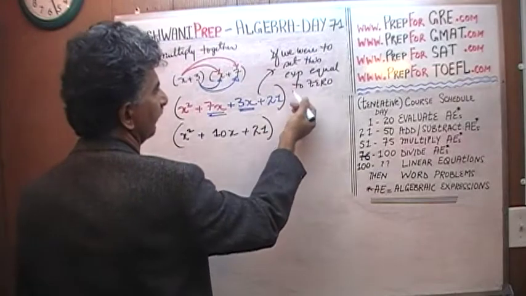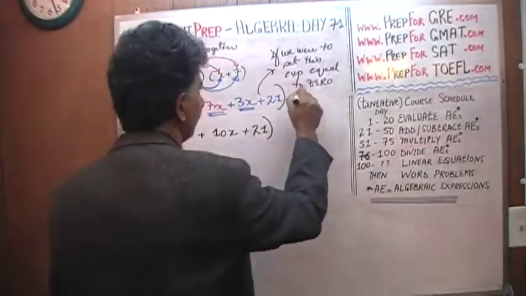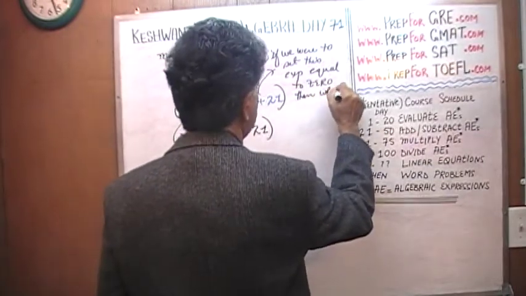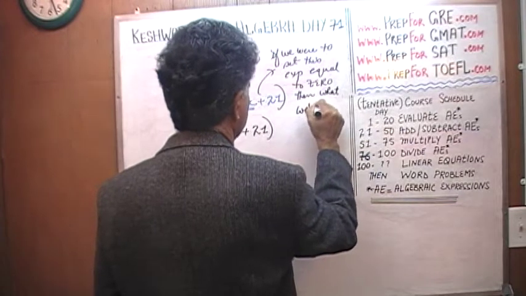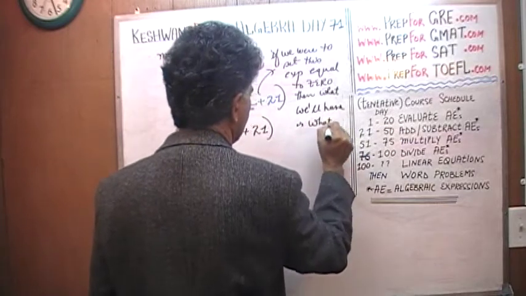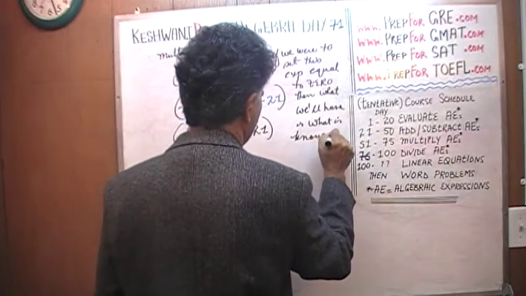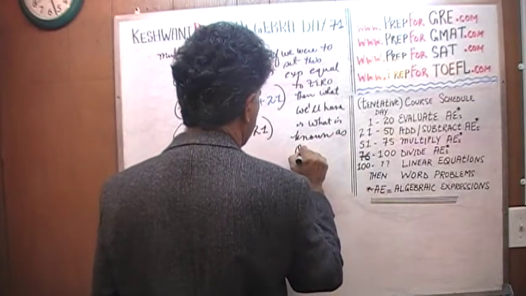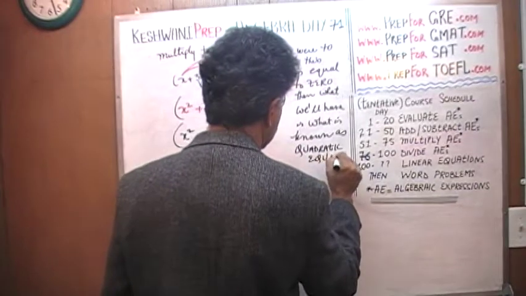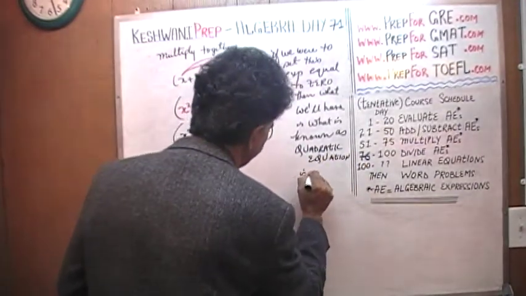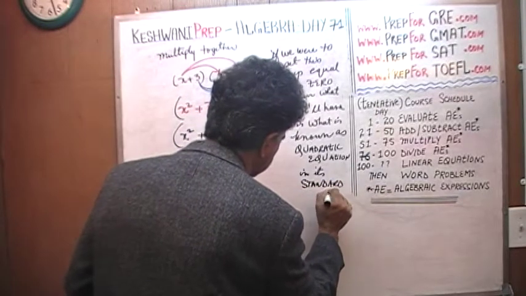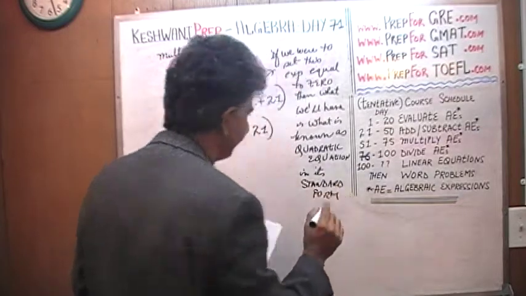If we were to set this expression equal to 0, then what we will have is what is known as a quadratic equation in its standard form.